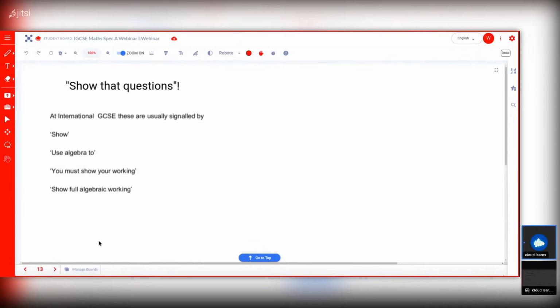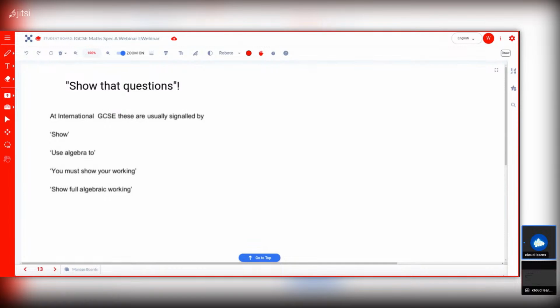So show that questions. In calculator papers, like both your papers are going to be for IGCSE, in these questions you want to be spot on about what steps you need to show in order to earn all the marks. If you are getting away with your calculator in your term tests or in your tuition class, make sure you know what the methods are.